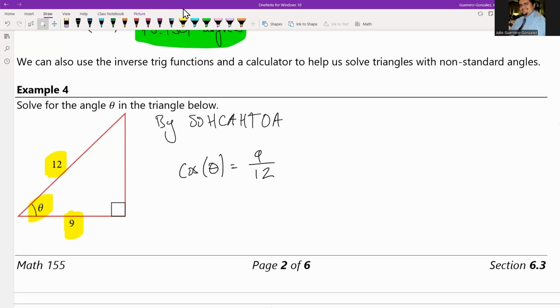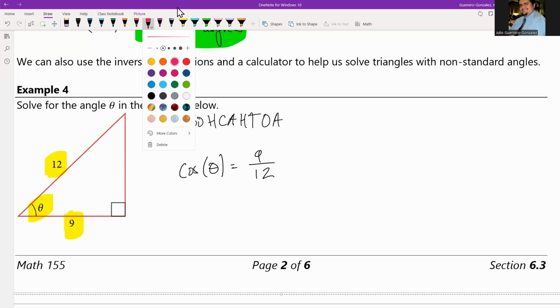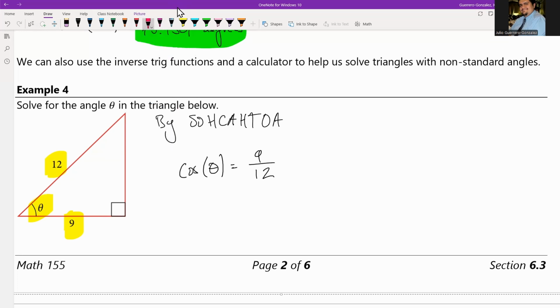Now we know what cosine is, but we don't need the cosine. We need that angle. If you remember way back in the day, how do you get rid of an addition? You subtract. How do you get rid of a division? You multiply. How do you get rid of a square? You square root. This is working out the exact same way. So how do you get rid of a cosine?